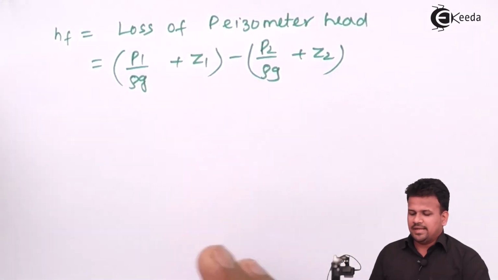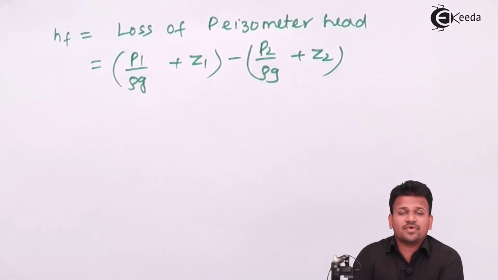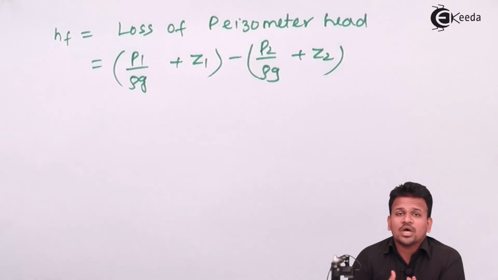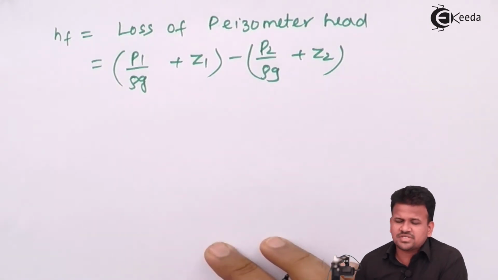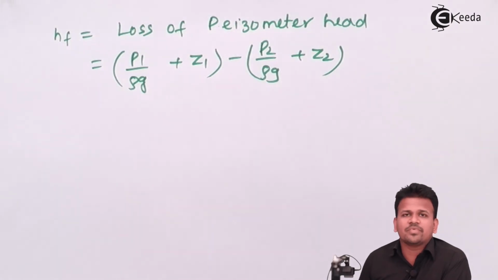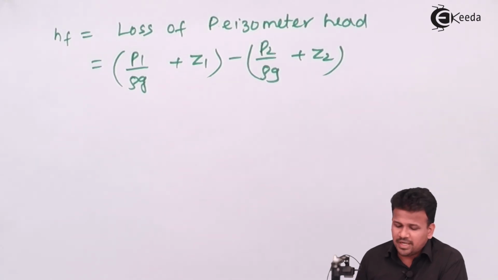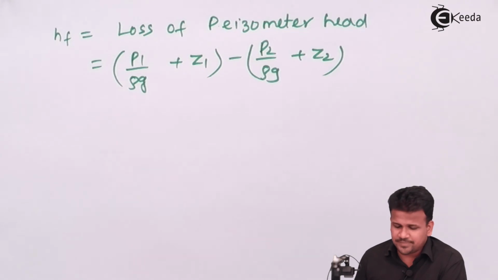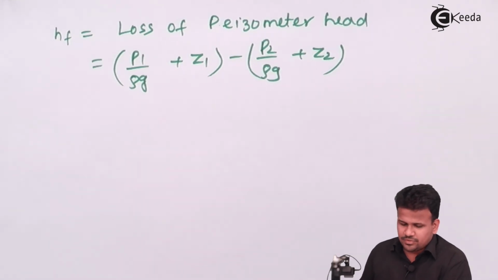In the piezometric head, since the velocity is not changing between section 1-1 and section 2-2, we will not include V1 square and V2 square. Technically speaking, in this formula there should be V1 square as well as V2 square. But we won't take them into account because both V1 and V2 are the same, given the uniform cross-sectional area.